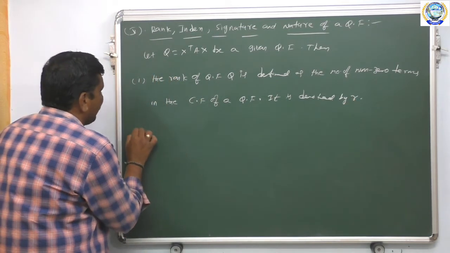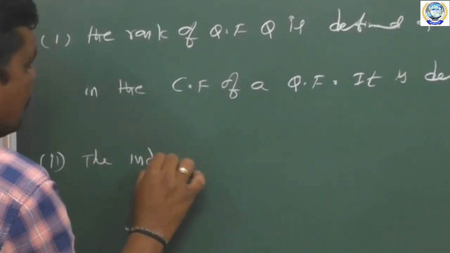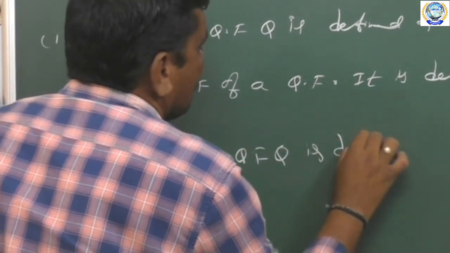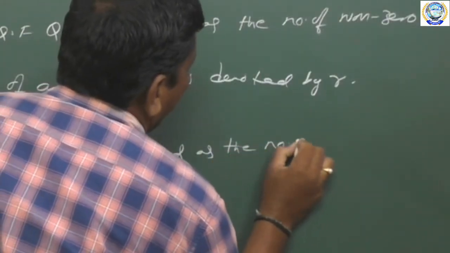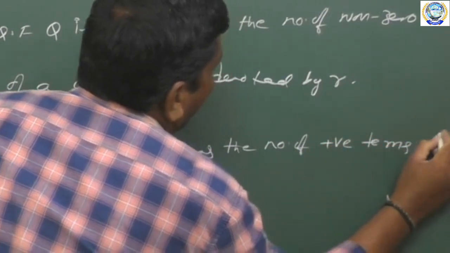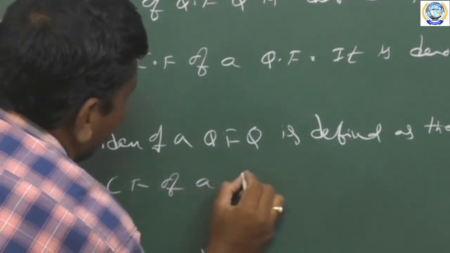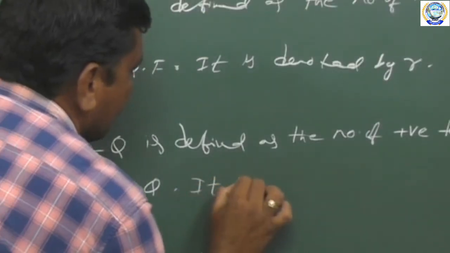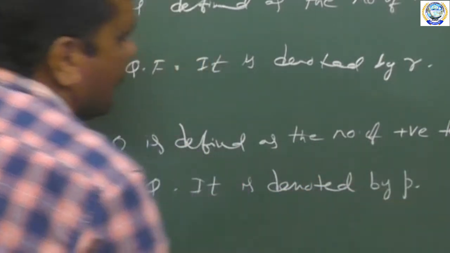Next, we define the index of a quadratic form. The index of a given quadratic form Q is defined as the number of positive terms in the canonical form of a given quadratic form Q. It is denoted by small p.